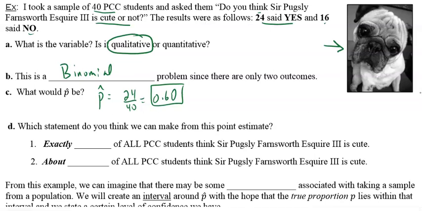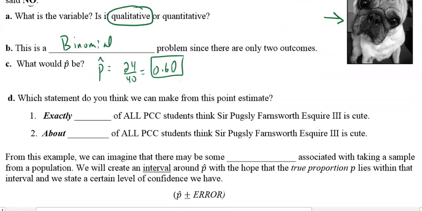Which statement do you think we can make from this point estimate? So 60% of the 40 said that this dog is cute. Exactly 60% of all PCC students think Sir Bugsley is cute, or about 60% of all PCC students think Sir Bugsley is cute?